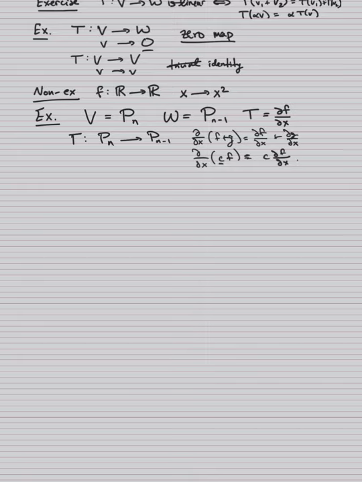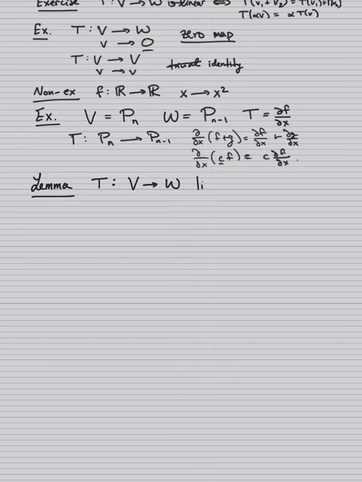But I think I want to first just state a lemma, because it will make the examples a little easier to work with. Or at least let me do some tricks for showing things are linear. So the lemma states that compositions of linear transformations are linear. I won't prove this.